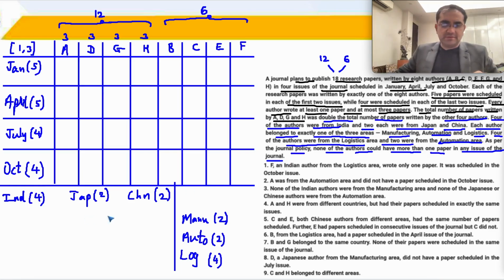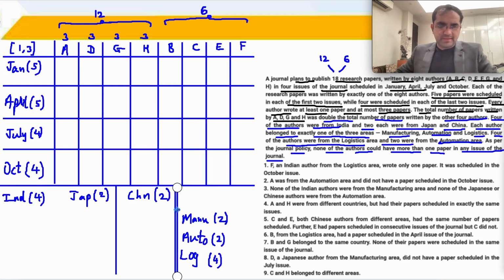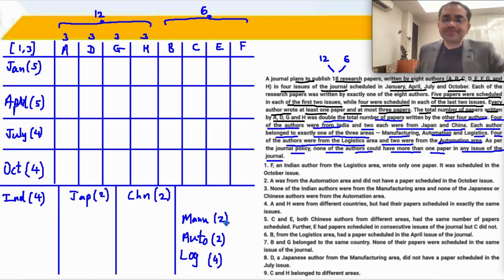So let me make there you go. This is enough. Now let's start. F, an Indian author from logistics, wrote only one paper.